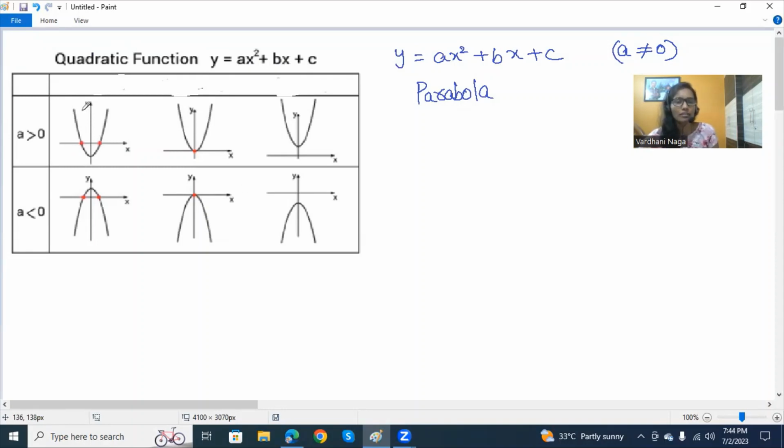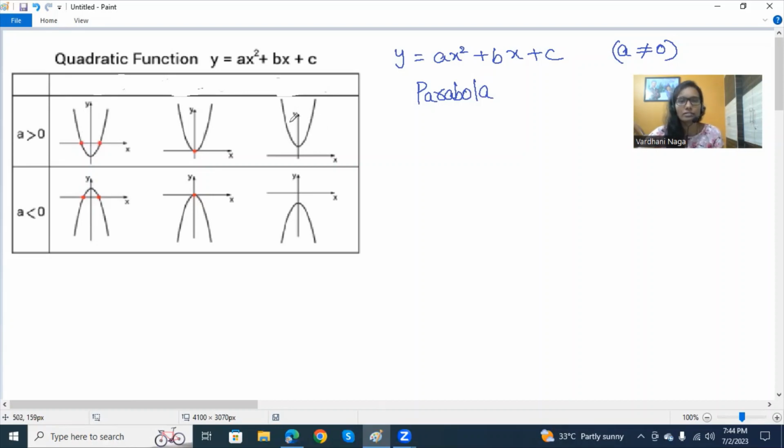So if the curve is cutting the x-axis at two distinct points, you may conclude that this equation has two zeros. If the parabola is cutting the axis at one point, then this equation has only one zero.